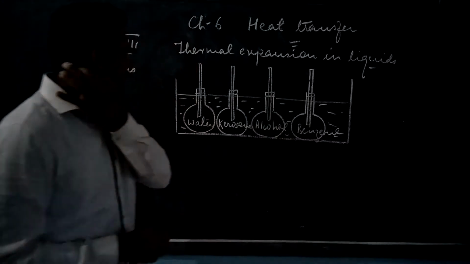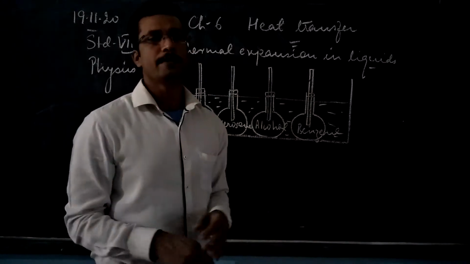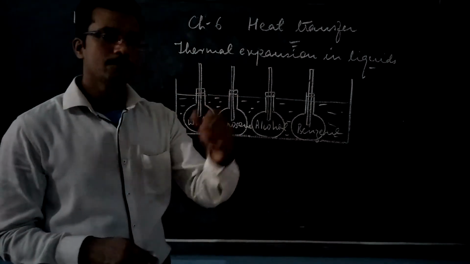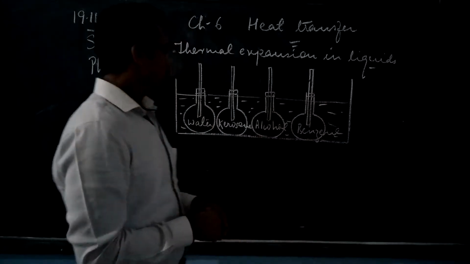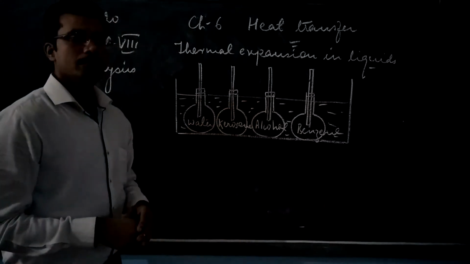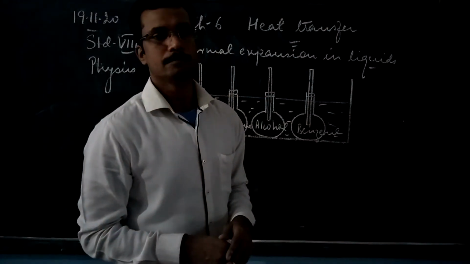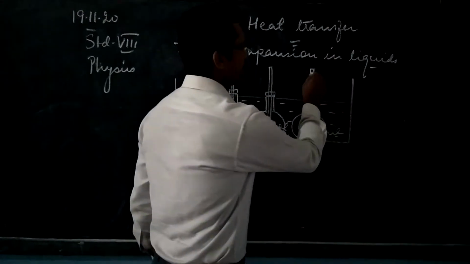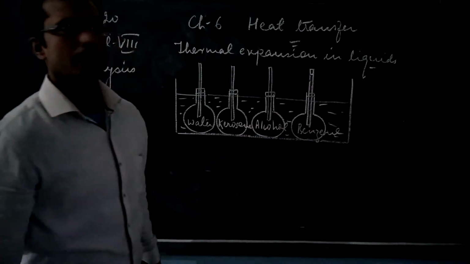Now it is found that since they all are dipped into hot water, they are heating through the same temperature. Now it is noticed that out of all these 4, it is benzene that shows the maximum expansion. It expands rapidly and it will rise through this and may reach to this part.